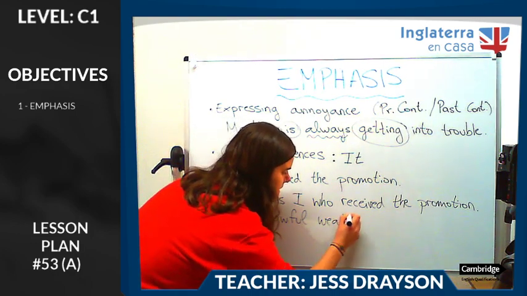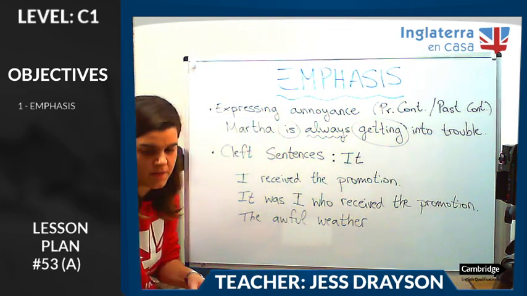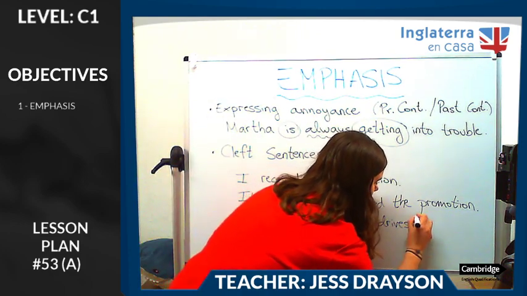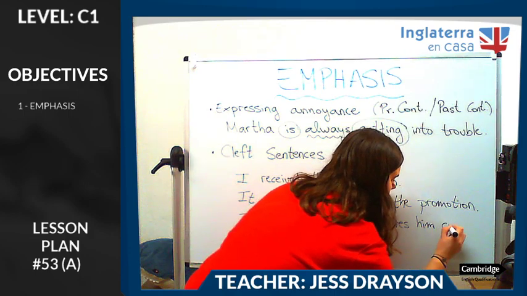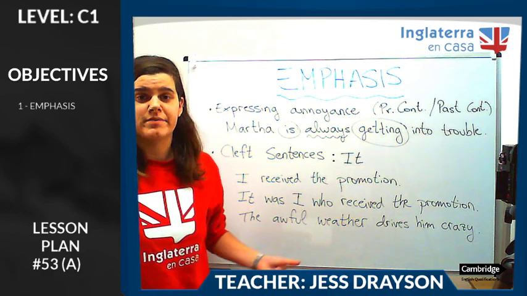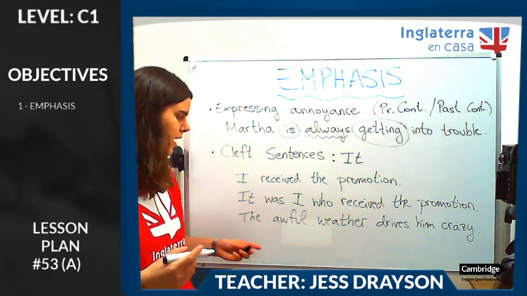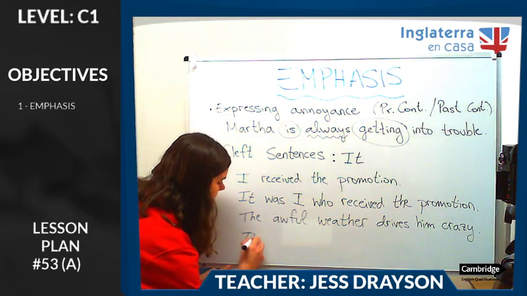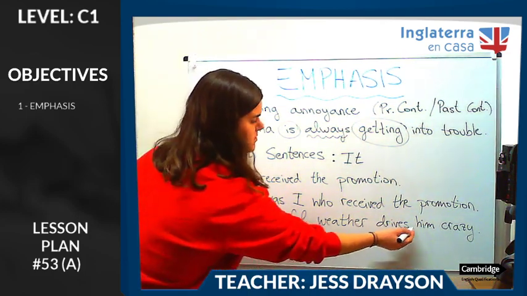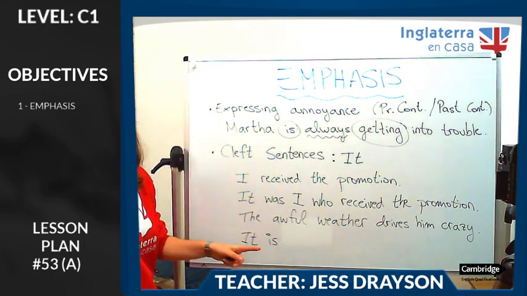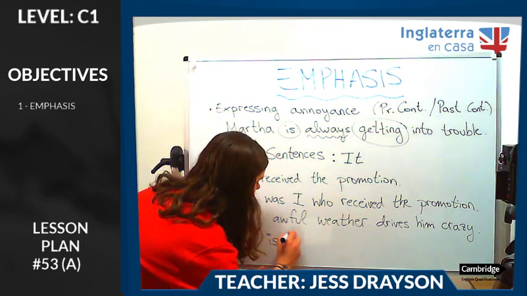Another example without a person would be the awful weather drives him crazy. The awful weather drives him crazy. Okay? Again, you would start it with it. Then here, drives him crazy, that's present, so you would say it is. And then we have the subject, so it is the awful weather.